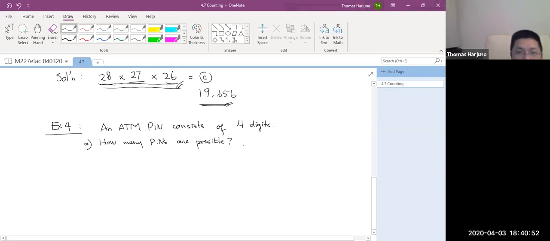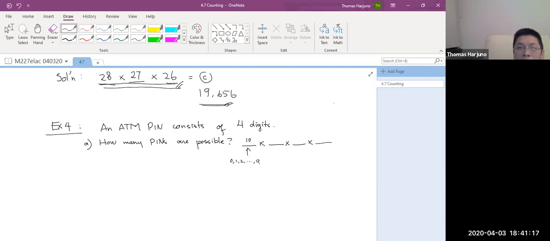then the way we think, okay, there are 4 digits I need to fill up, right? The first place, how many choices do I have? I have 10 choices because I have 0, 1, 2, all the way to 9, right? So I have 10 choices for the first place.